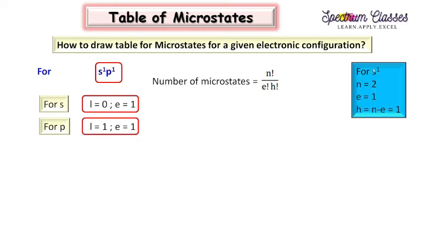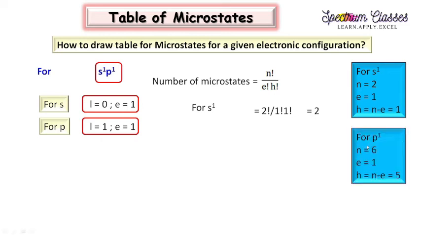For the s orbital, it has maximum occupancy 2. One electron and one hole will be there. So on putting the value here, 2 factorial divided by 1 factorial is equal to 2. Now coming to the microstates for this p1 configuration. So here for p1, the maximum occupancy is 6 and the number of electrons present is 1.